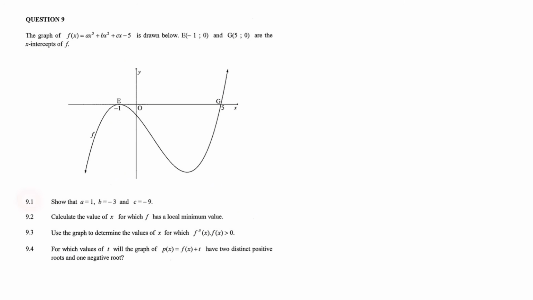9.1. Show that a is equal to 1, b is -3, and c is -9. So I have f(x) equal to ax³ + bx² + cx - 5.